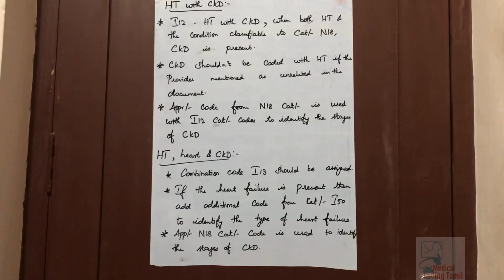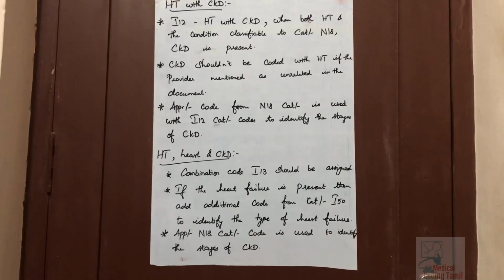The next one is hypertension, heart and CKD. Both these three are present: hypertension, heart disease and chronic kidney disease. If these three are present, then we have to assign the combination code I13. Whenever a combination code is there for any condition, then we have to assign the combination code first.